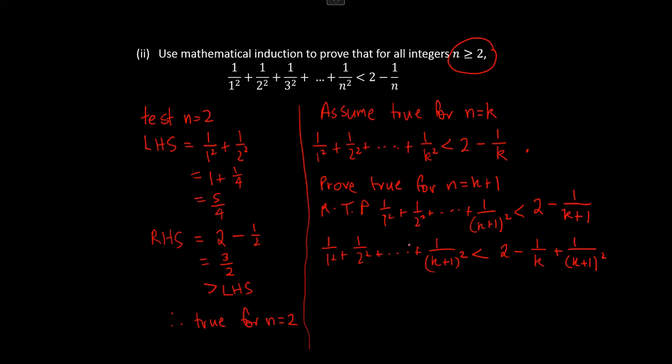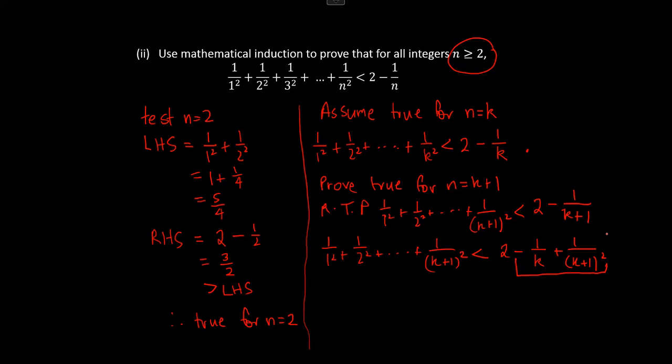So now we've got the left-hand side. Now I just want to show that it's less than this value here. So this is where clever students will think back to the previous part of the question and realize that in step 2 we actually showed that this value here was less than minus 1 over (k plus 1).